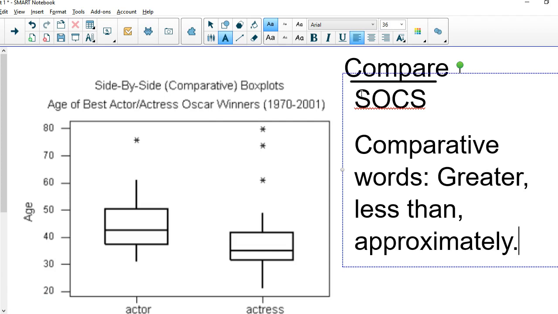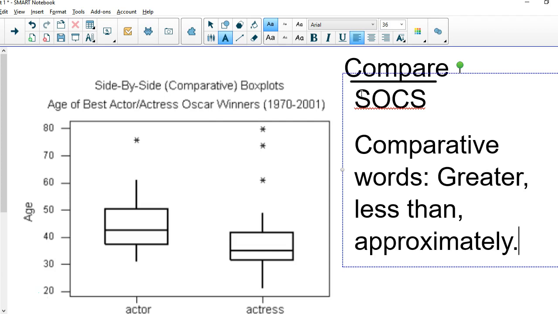However, there's an outlier that is greater than 79. It appears that there's an actress who has an outlier at 80. There's also an outlier that is less than the male actor outlier, and that outlier is at 60. I don't think there's going to be that many outliers on the actual AP test. Side note. Okay, I'm going to keep going.